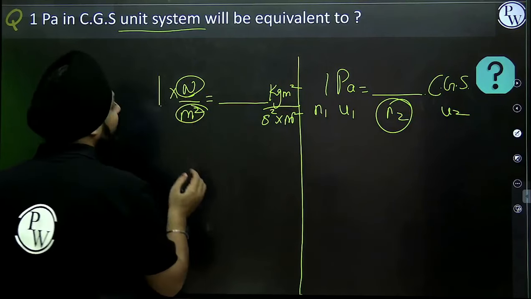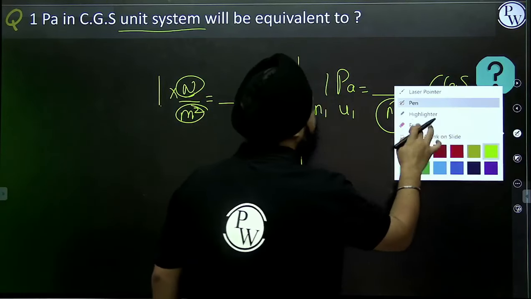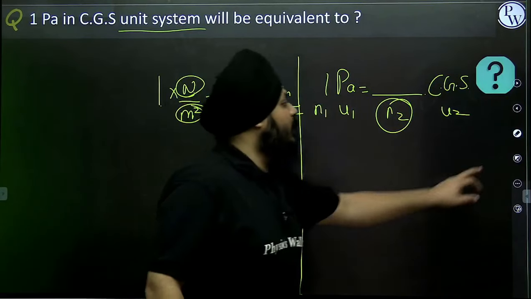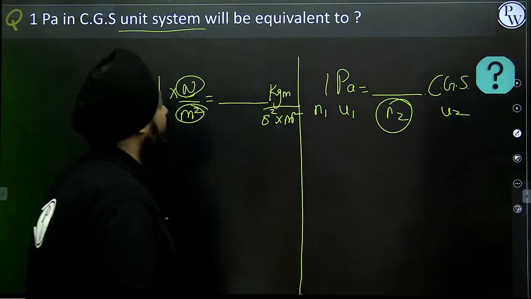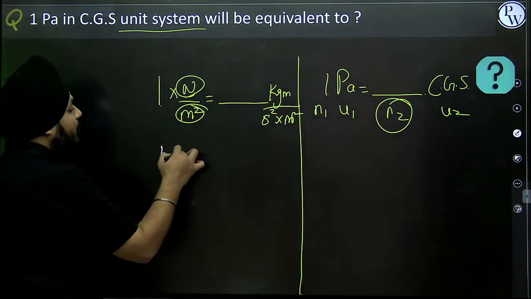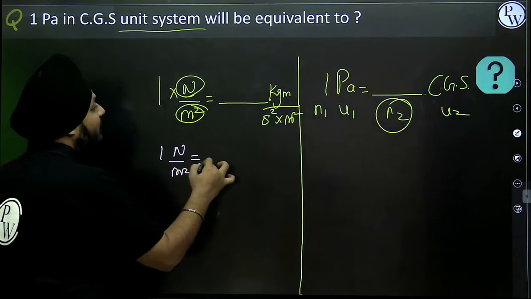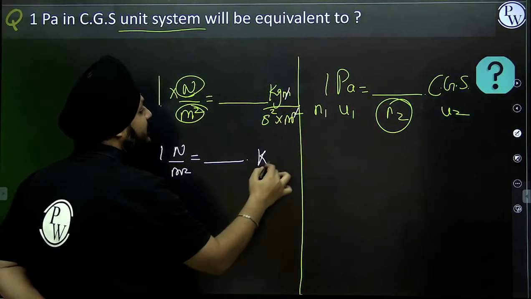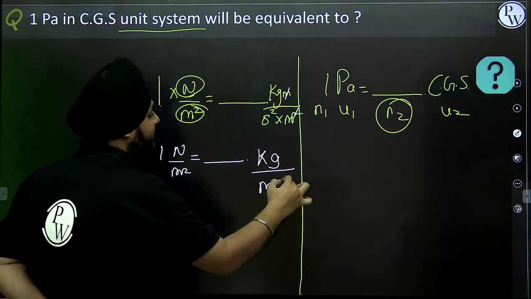Newton, can I replace it? I'm extremely sorry, Newton is kg meter per second square. So can I replace 1 Newton per meter square with kg meter per second square over meter square? This is going to cancel, that is kg by meter second square.